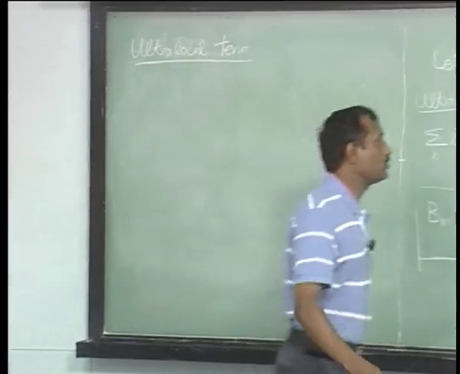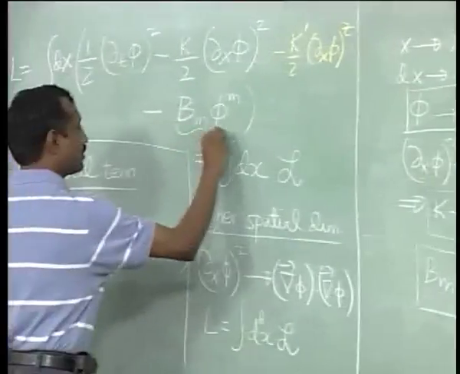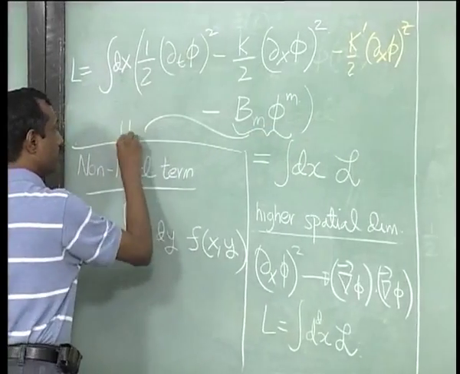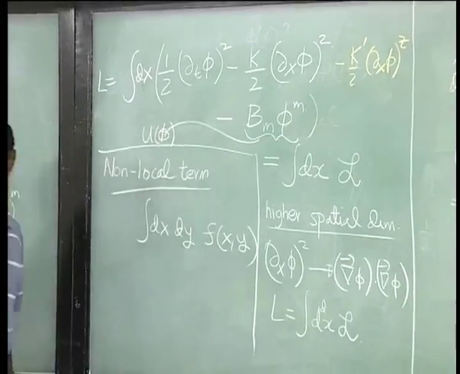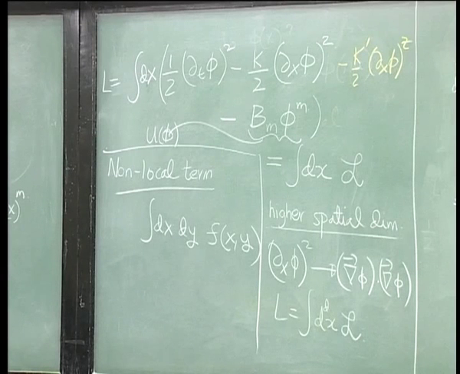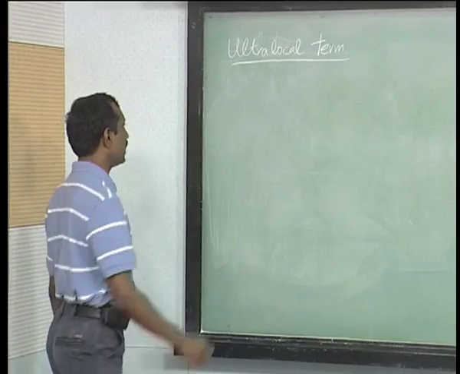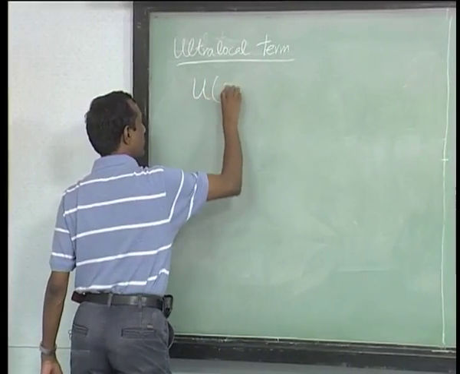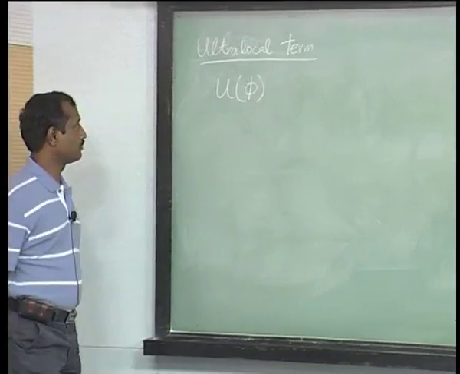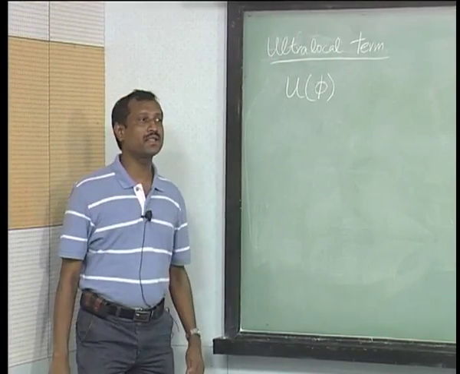And what I will do more generally is that you can replace this by a function which we will call u of phi. I call it u because u stands for ultra local, to remind you, not v but u. So, the ultra local term is u of phi. And we have said phi is a scalar field.